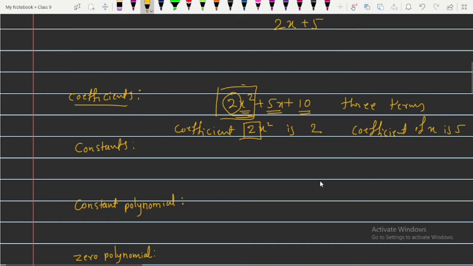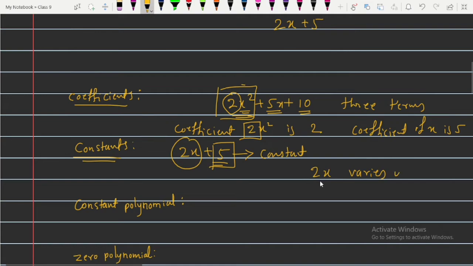Next we can see the constant. In 2x plus 5, the constant term is 5, because its value does not change, that is why it is called a constant term. And 2x is a term whose value varies with the value of x.